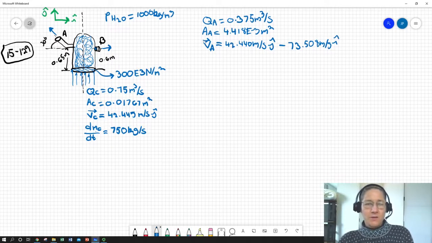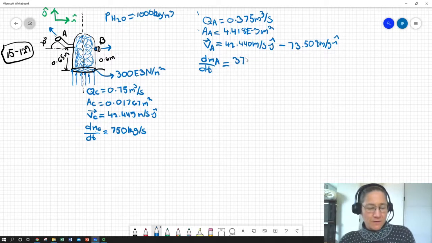Hey, there's a familiar number. So we've got two components of velocity at A, and we can calculate a mass flow rate at A, again using Q and the density of water, and that's 375 kilograms per second.